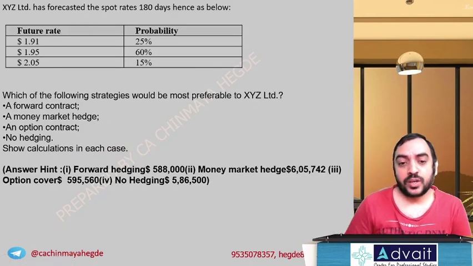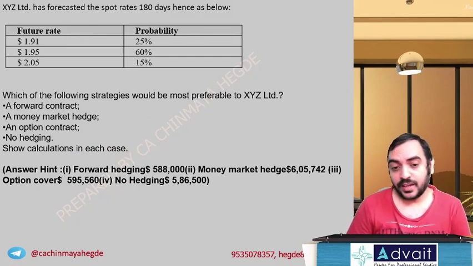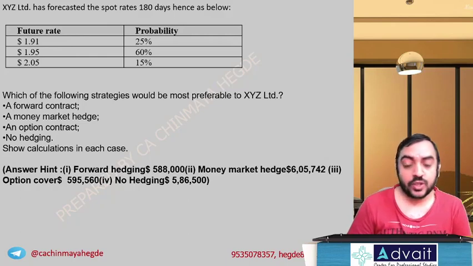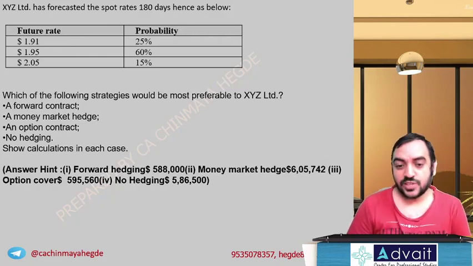XYZ Limited has forecasted the following spot rates as below: future rate, probability. Which of the following strategies would be most preferable to XYZ Limited? A forward contract, a money market hedge, an option contract, or no hedge? Show calculation in each case.